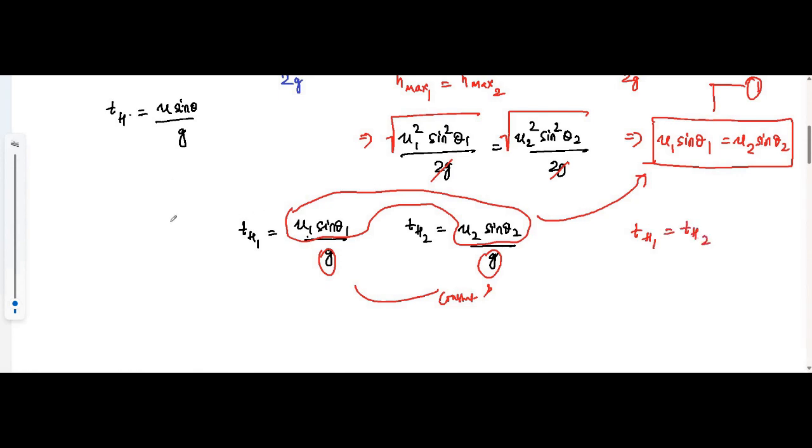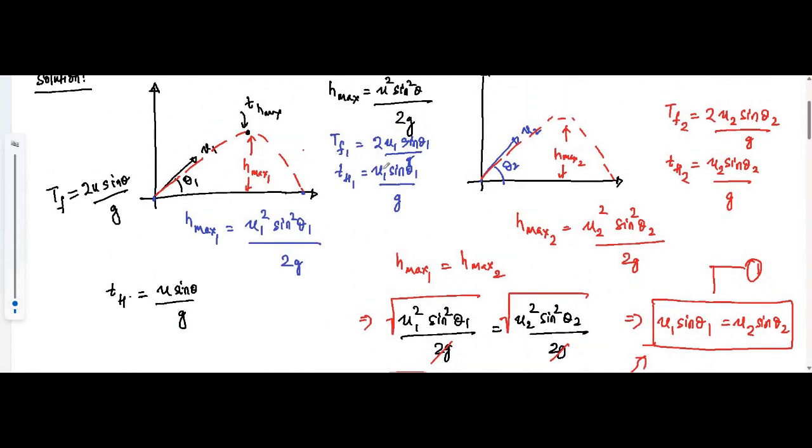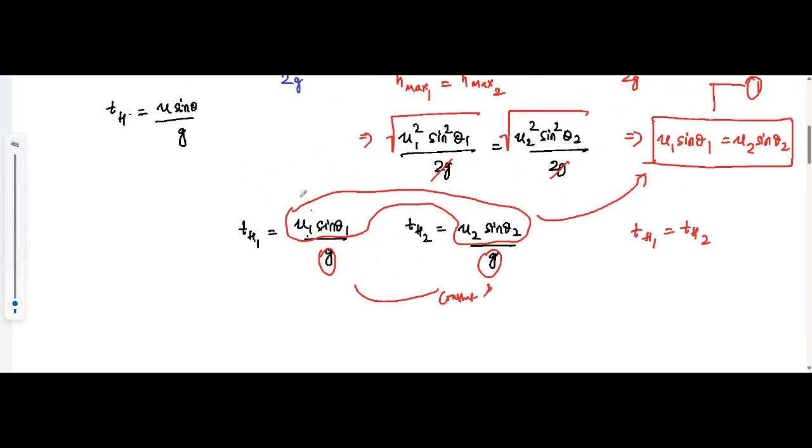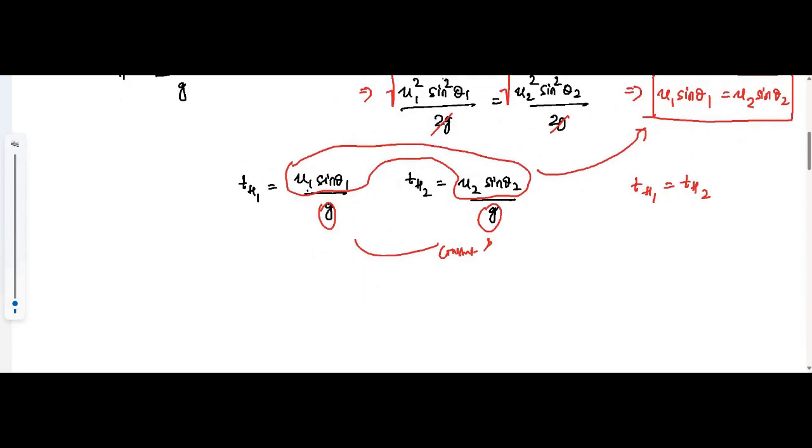Also the time of flight, 2u1 sine theta 1 by g and 2u2 sine theta 2 by g, will also be equal by the same reasoning. Time of flight of the first one is equal to 2u1 sine theta 1 by g, and time of flight for the second projectile is 2u2 sine theta 2 by g.